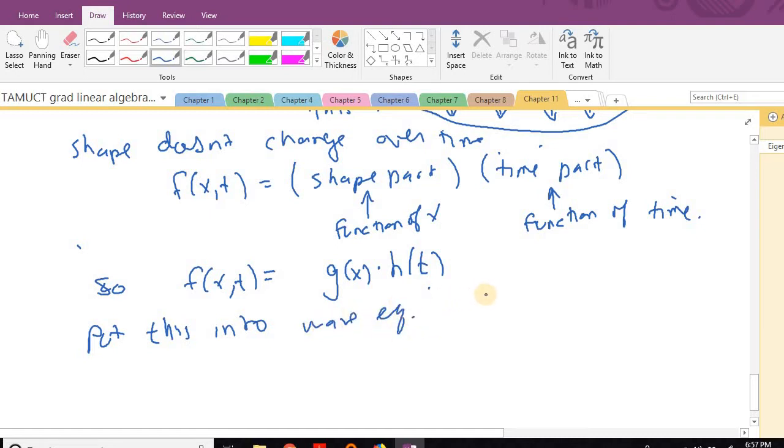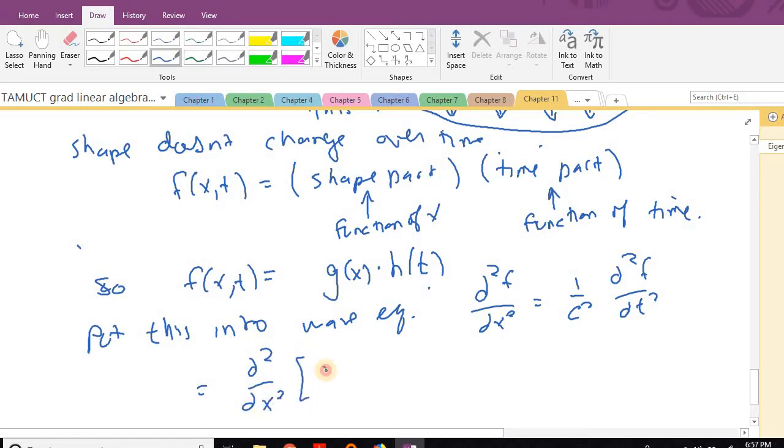The wave equation was d squared f dx squared equals 1 over c squared d squared f dt squared. So that means that d squared dx squared, and then that's times g of x h of t, just substituting, not doing anything fancy, equals 1 over c squared d squared dt squared g of x h of t.